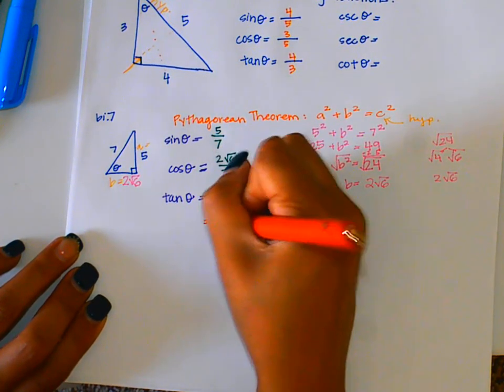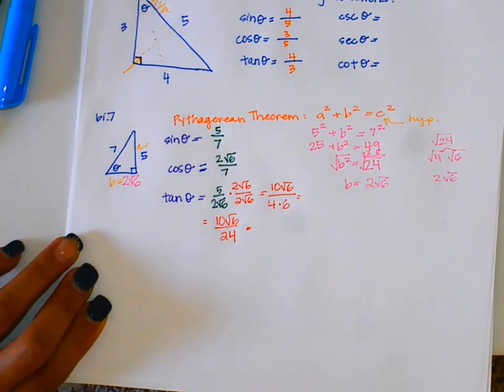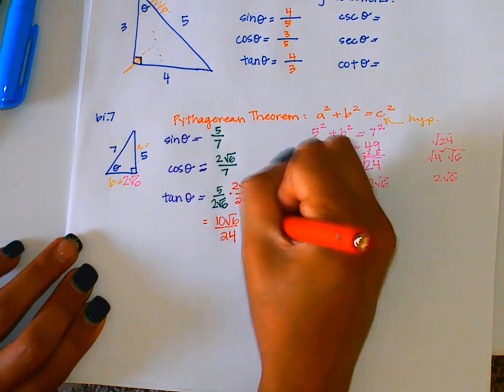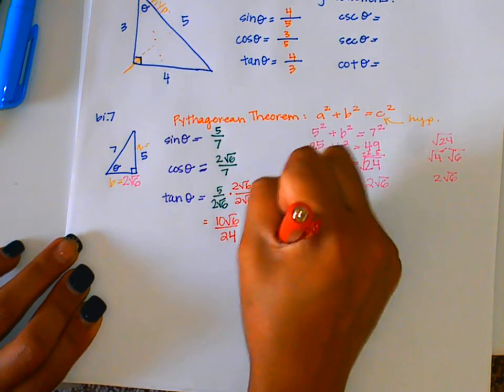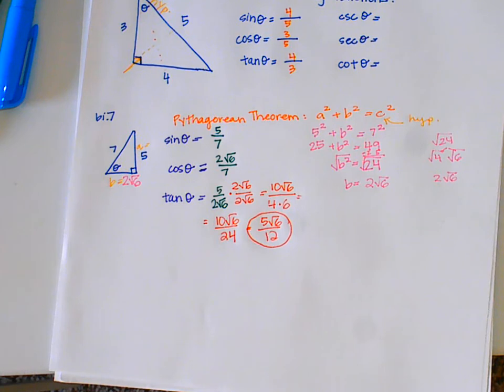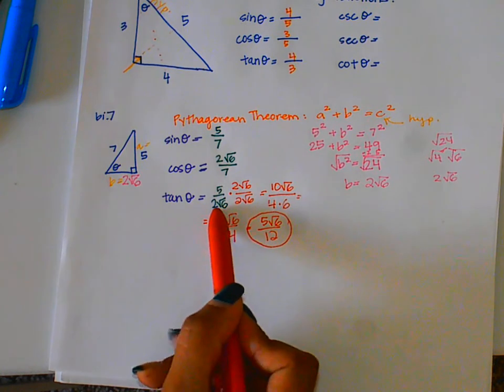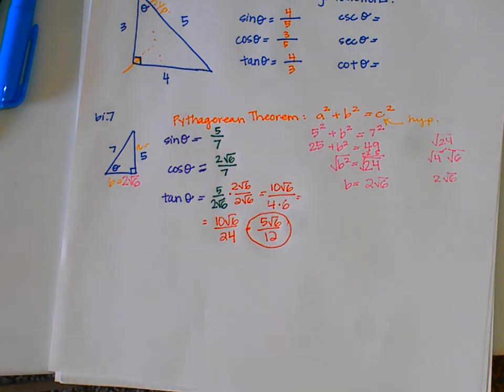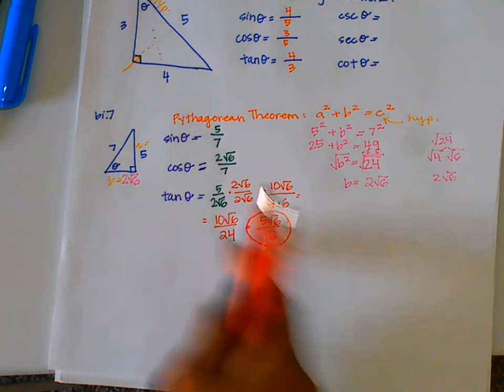So 10 radical 6 over 24, which you can keep simplifying to say 5 radical 6 over 12. This is called rationalizing the denominator. That just says that you can't have the radical in the denominator, so you need to multiply both top and bottom by it, which cancels out the radical. It gives you just the 6. And then from there, I just simplified.